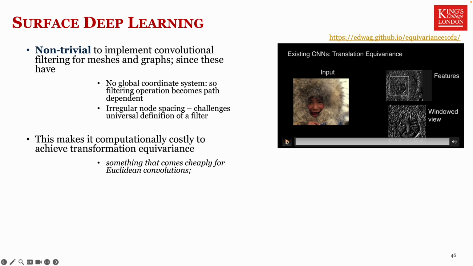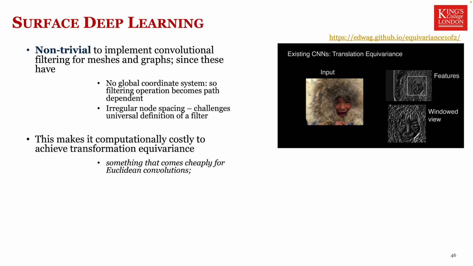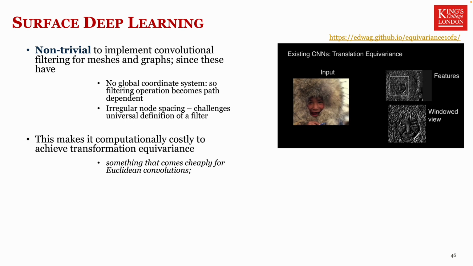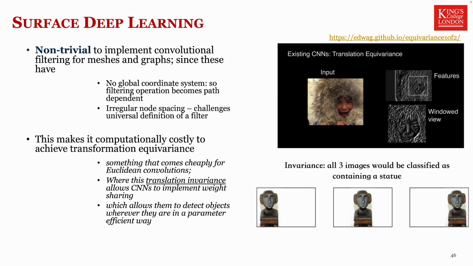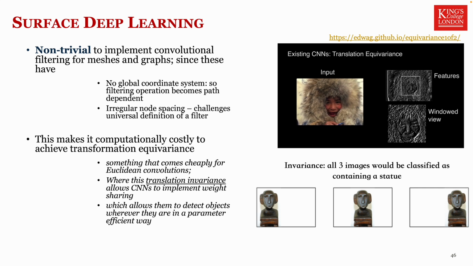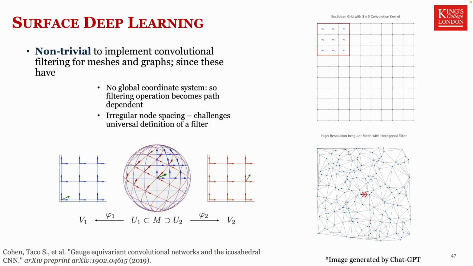It just translates in exactly the same way. So this is why CNNs are translation equivariant. It doesn't matter where an object is in a scene, it will look the same in the activation map, so it can be detected or segmented wherever it is.